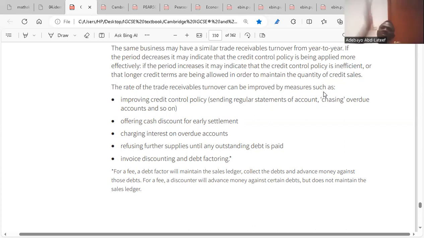So you are owing me $5,000, which you are supposed to pay now, but you are not paying. A business can buy that $5,000, can buy your invoice. I could sell it to that business for $4,700. So the business will be the one chasing you to pay the $5,000. That's debt factoring. Do you understand?